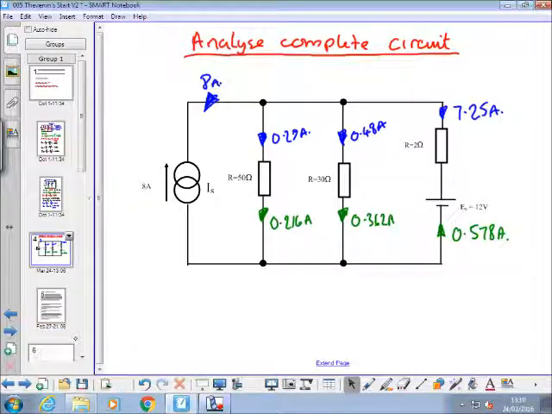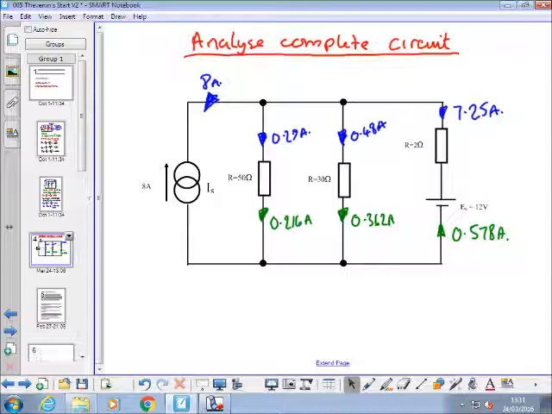If the current arrows are in the same direction, we add them together to get the overall current. And if they are opposing each other, we take the smallest one away from the biggest one to get the overall, and the direction will be in the direction of the biggest current.